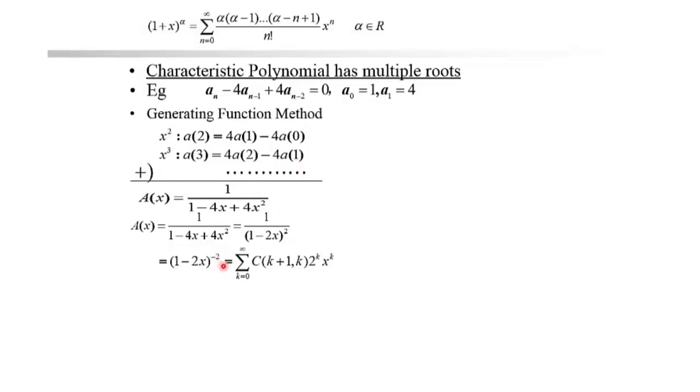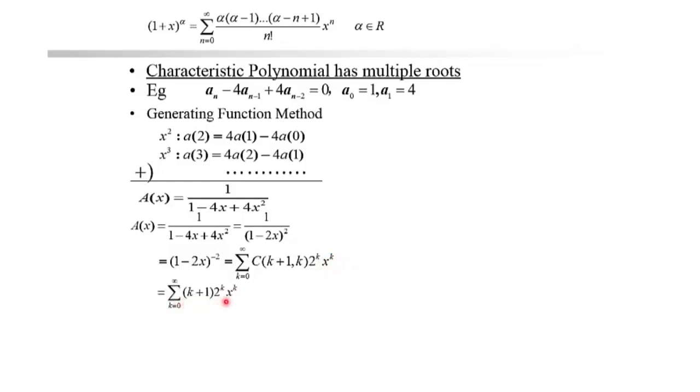So it's equal to alpha times alpha minus 1 until alpha minus n plus 1, divided by n factorial. So we could substitute 1 minus 2x to the minus 2's power into the formula and add them together. After simplifying, it becomes the sum over k from 0 to infinity of k plus 1 times 2 to the k's power, x to the k's power.